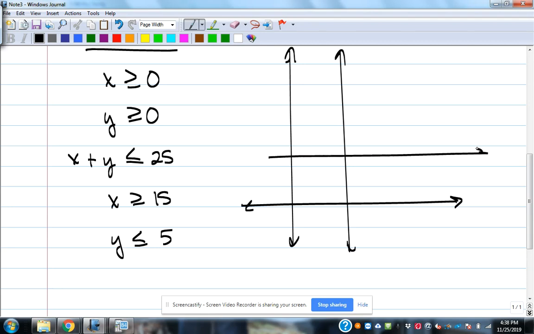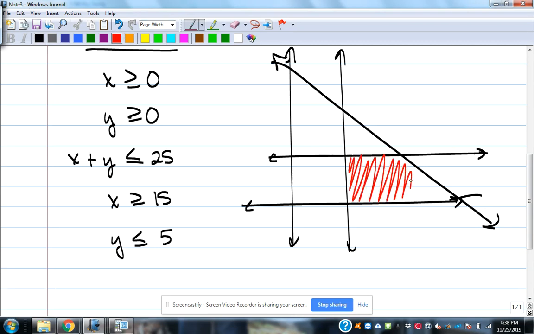What happens here is you create this polygon that is the overlap of all those inequalities. That's what the polygon is, and you're going to get that polygon given to you.